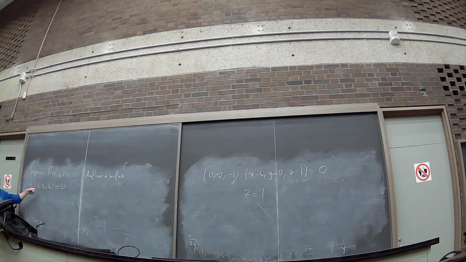So basically, x0, y0, z0 belongs to this surface. Is that clear? If f of this is equal to 0, this means that the point belongs to this surface. Agree or not? If the coordinates of the point satisfy an equation, it means that the point belongs to the surface defined with this, right? Yes or no? Okay.